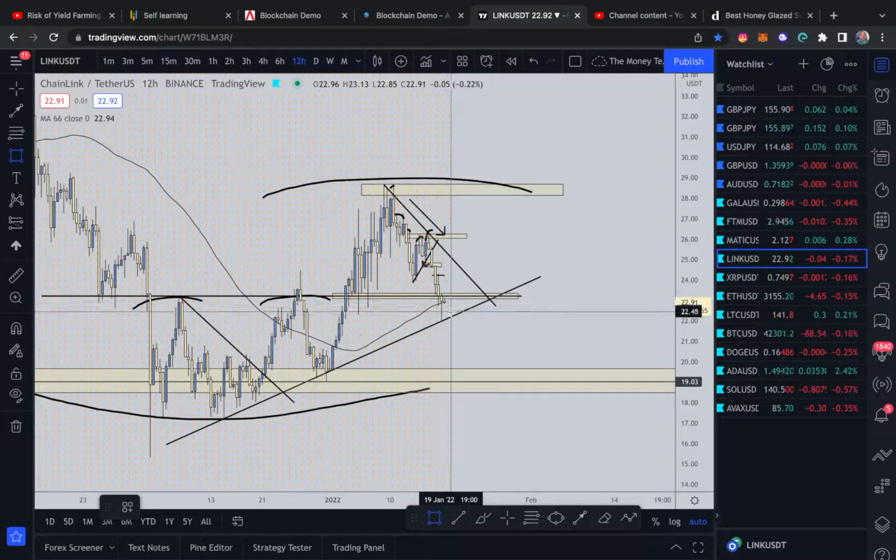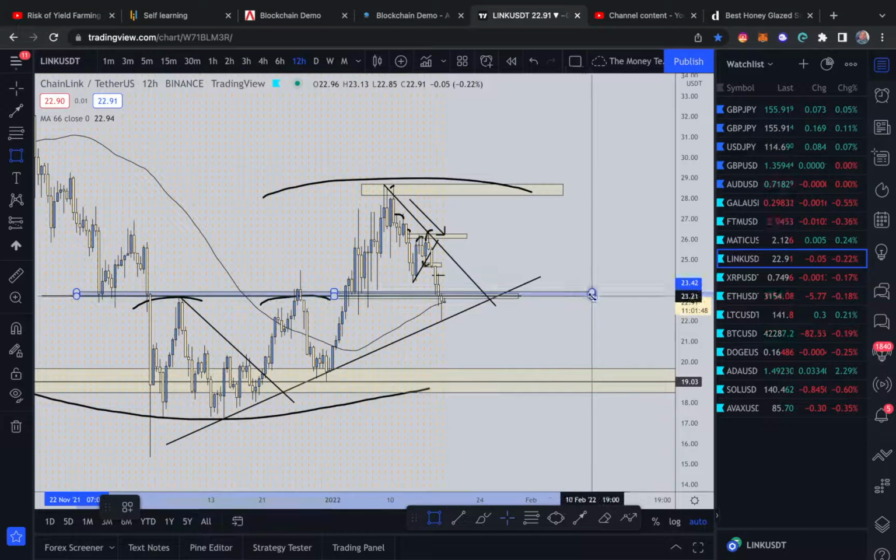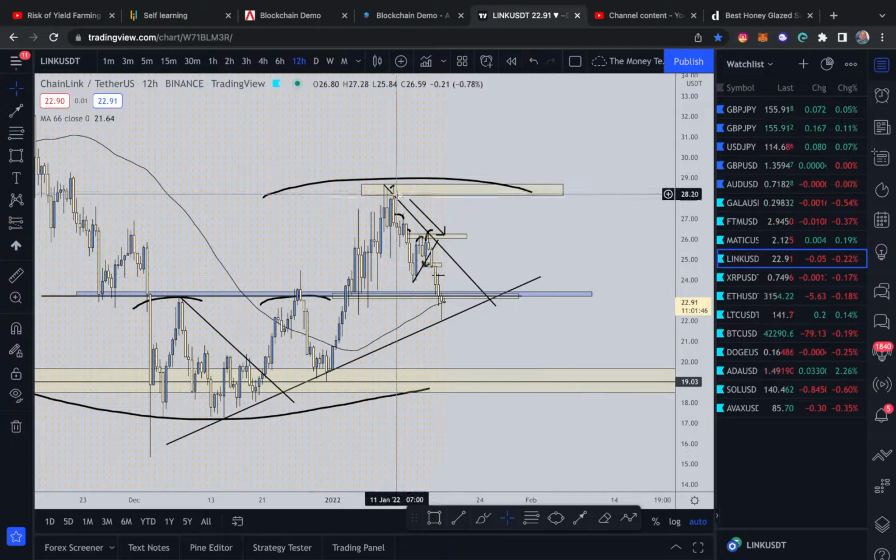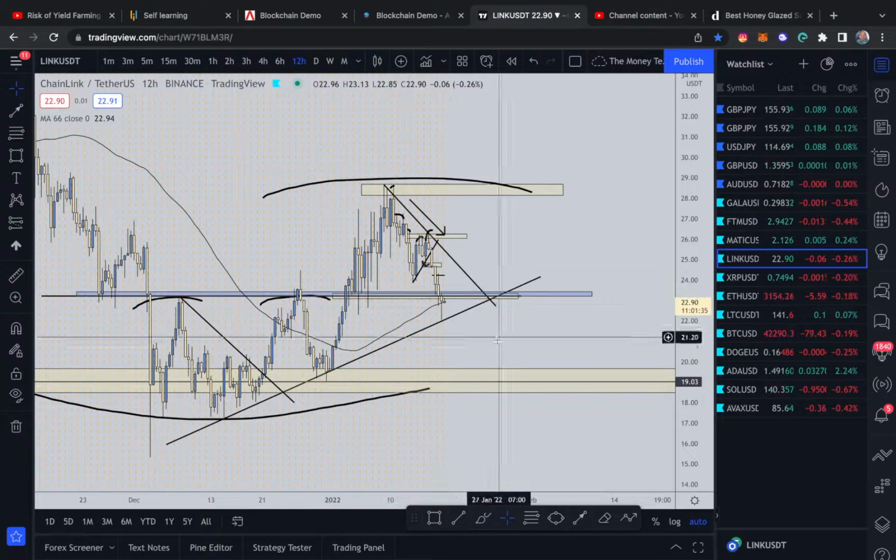Okay, and this isn't a bad spot for it to occur, because this is recently broken resistance or structure that can turn into newly found support. So this is kind of a sketchy area, to be honest, especially with this type of wick close here.